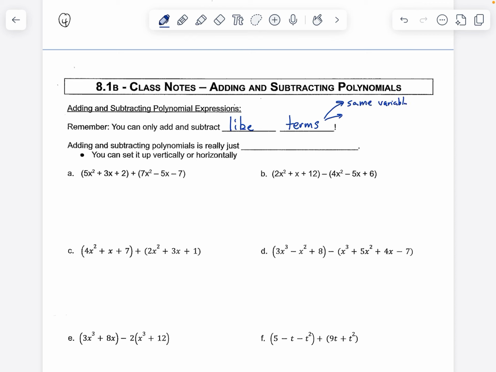I'm going to change that to be the same variable or variables and the same exponent on those variables. So adding and subtracting polynomials is really just combining like terms.